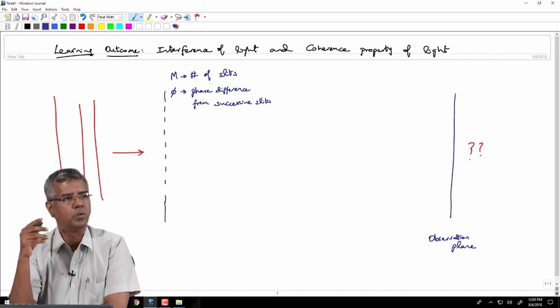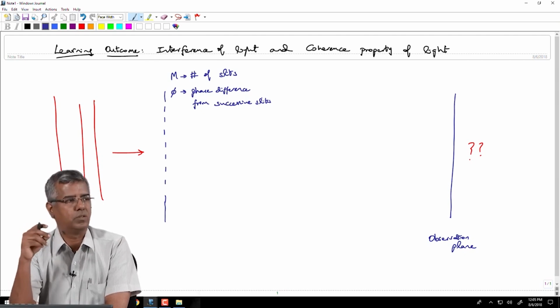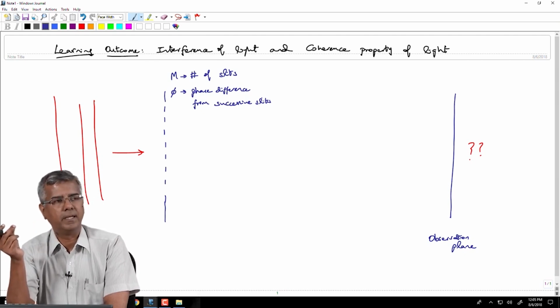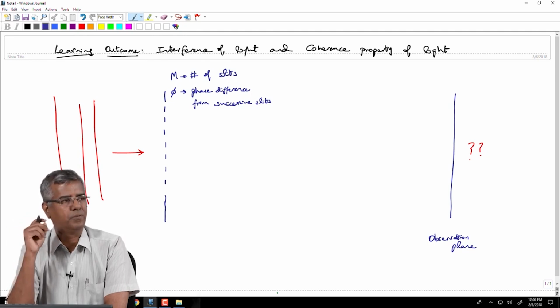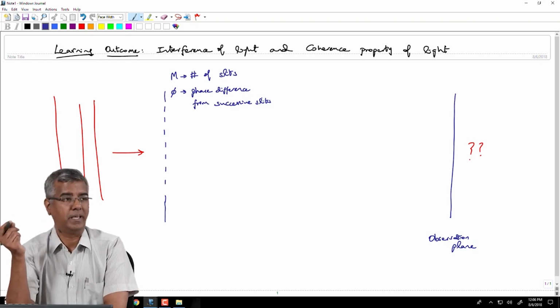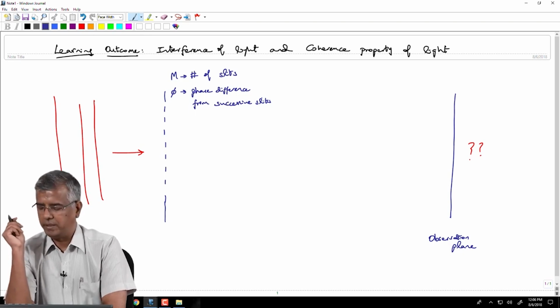So, you know that each of those slits is going to produce a secondary wavelet, and let us say the phase difference between wavelets from successive slits is phi.